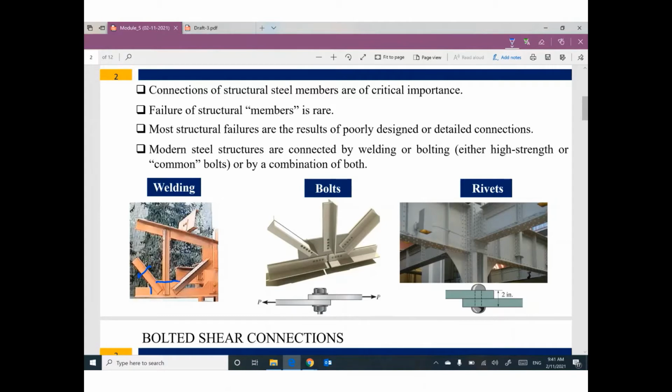Or by using bolts, or by using rivets. But rivets are very old fashioned, used in very old bridges built in the 1950s and 1960s. We no longer use this technique in connections. We are using welding and we are using bolts.